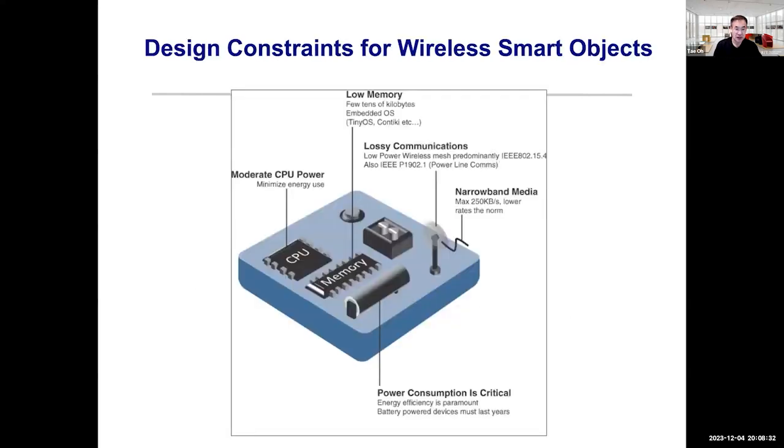Okay. So, design constraints for wireless and smart objects. There are a lot of things to consider. You do want moderate CPU power, and you want low memory as well. You don't want to rely on a lot of memory.